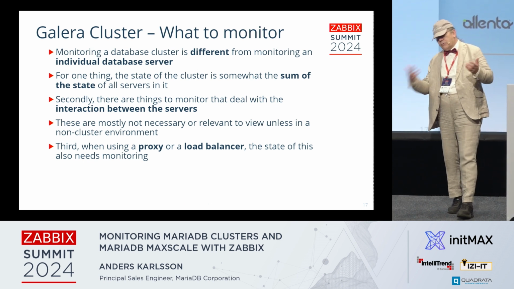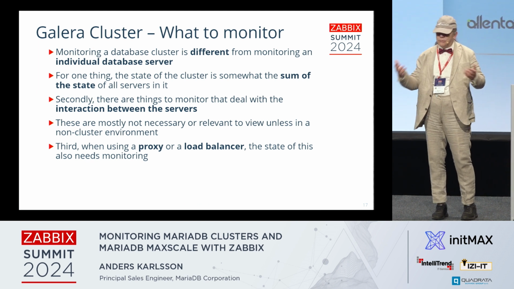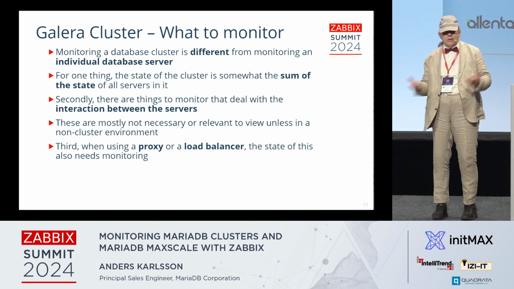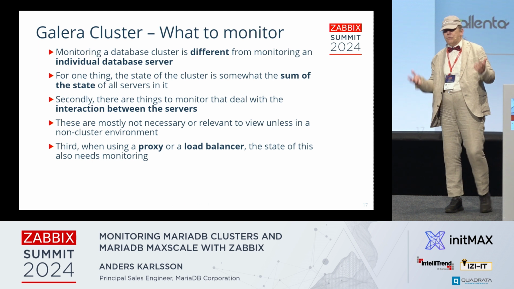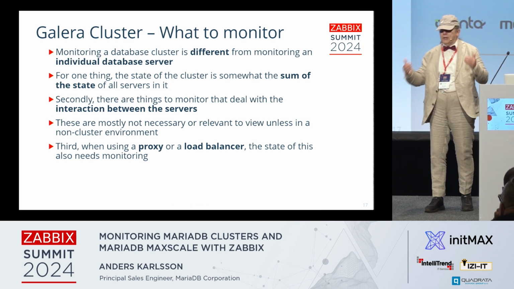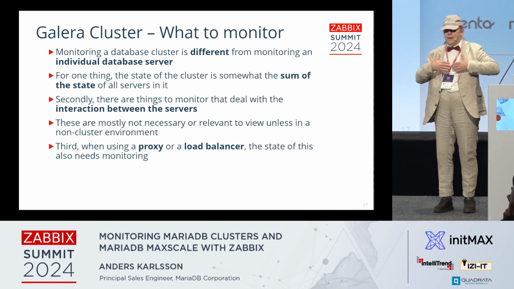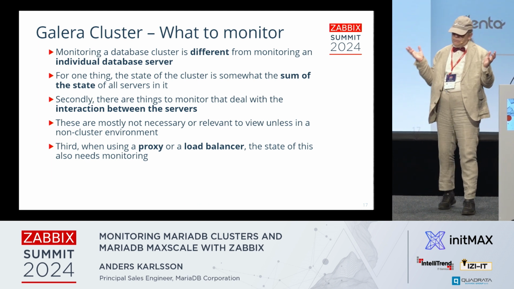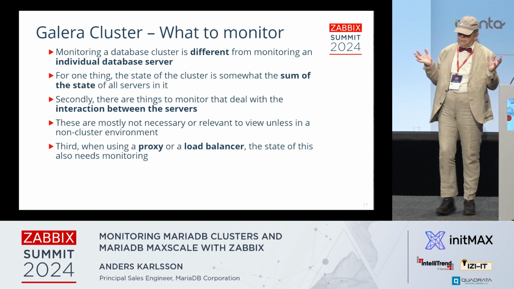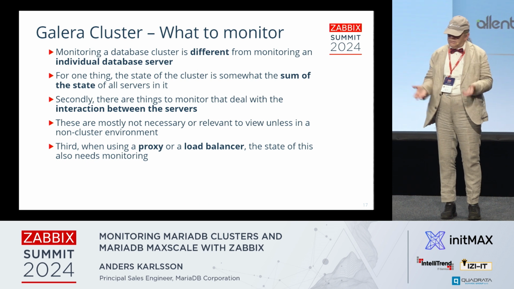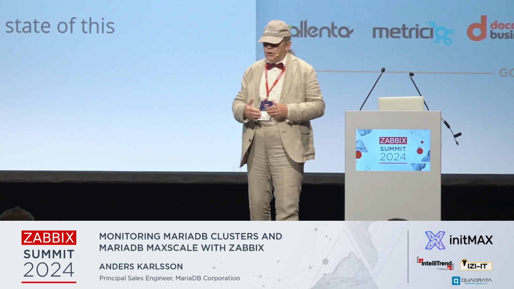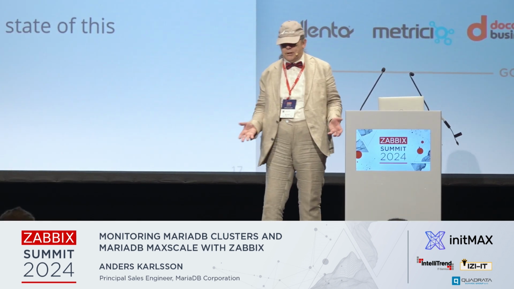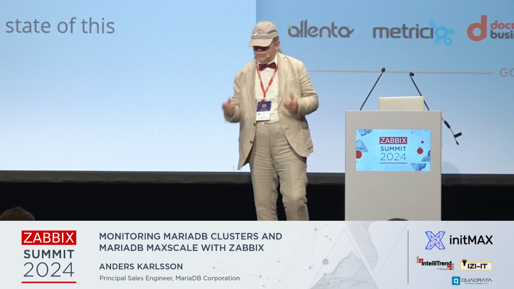If you're running replication, are you keeping track of replication lag? There are things you want to look at that have to do with the cluster itself and not with how the cluster is exposed to the other environment. Stuff that's not necessarily relevant for a single server or for anyone outside the cluster, but relevant for the cluster itself.